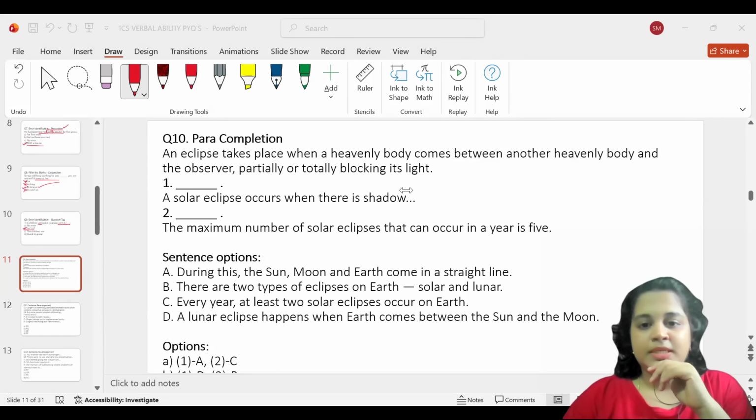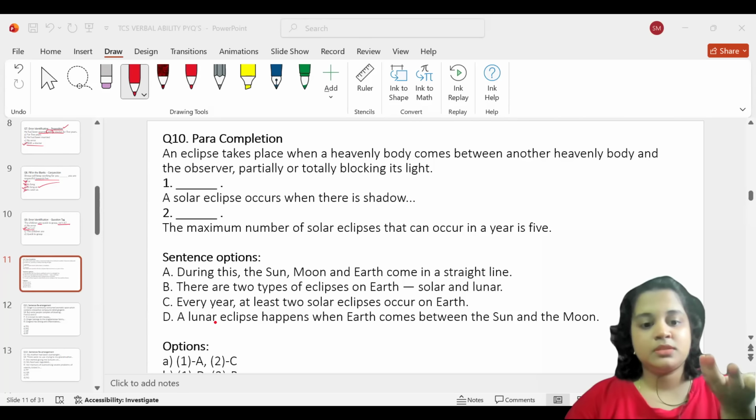An eclipse takes place when a heavenly body comes between another heavenly body, partially or totally blocking its light.